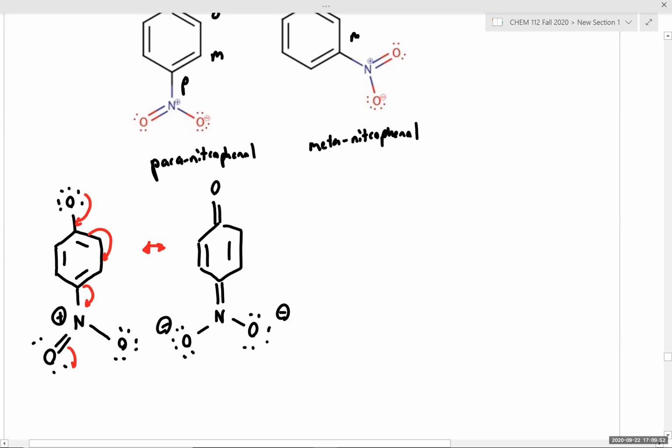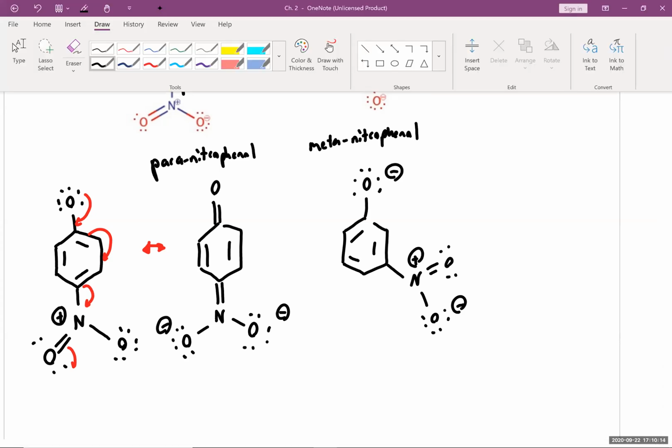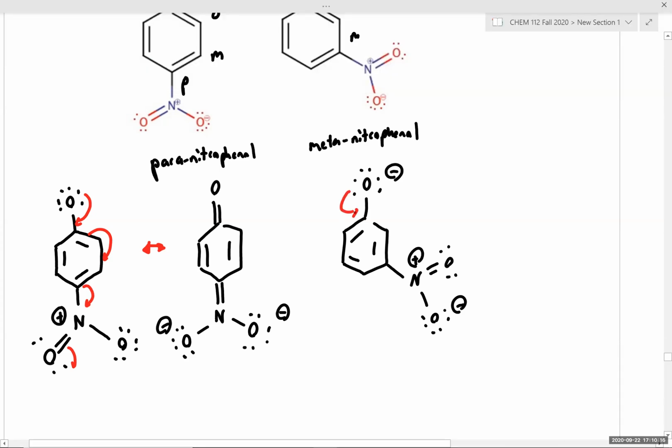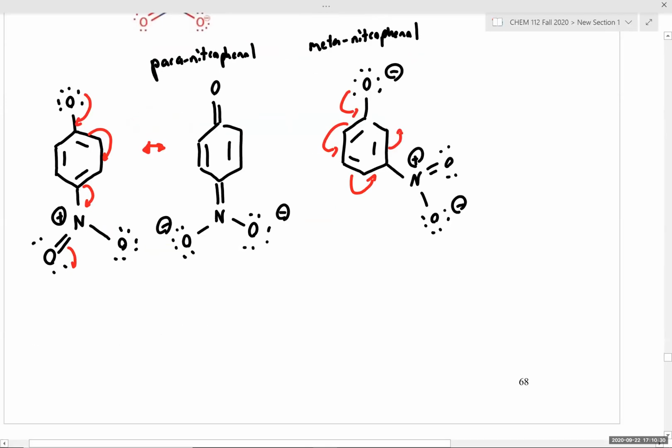Okay, so let's look at what happens when we have the meta substituent. We actually looked at a case almost exactly identical to this last class session. So no matter how hard we try, what ultimately we'll see if we try to draw out the resonance structure, we are not able to delocalize our electron density into our electron deficient nitro group.